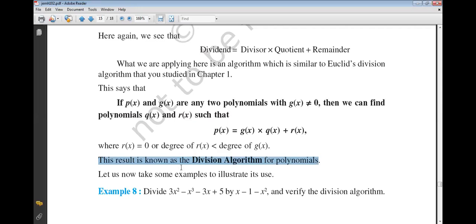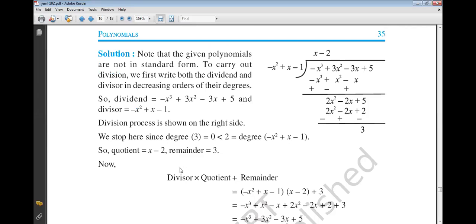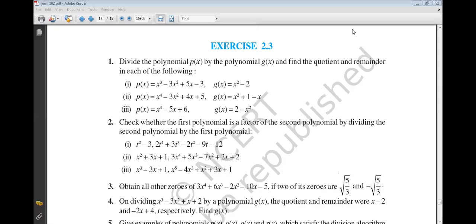Now, examples 5, 6, 7 are done, and this is example number 8, which is on your exercise 2.3, question number 1: divide the polynomial p(x) by the polynomial g(x) and find the quotient and remainder in each of the following.